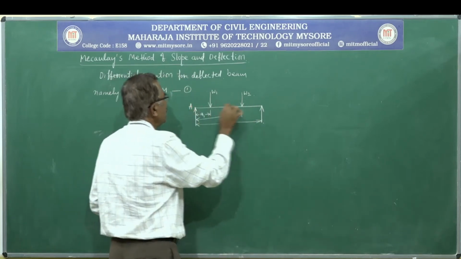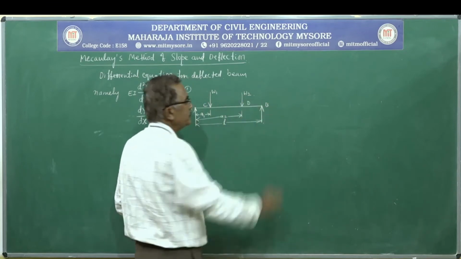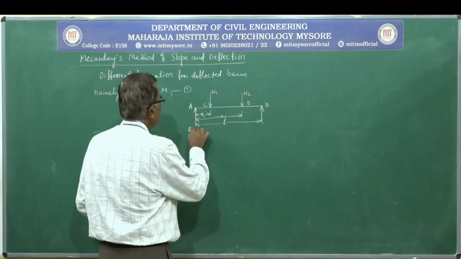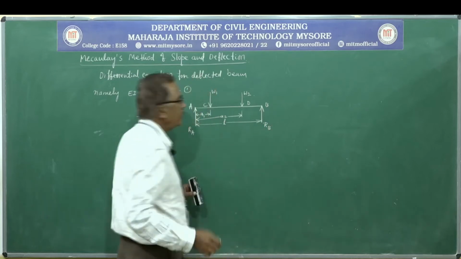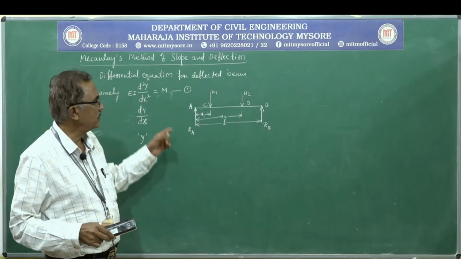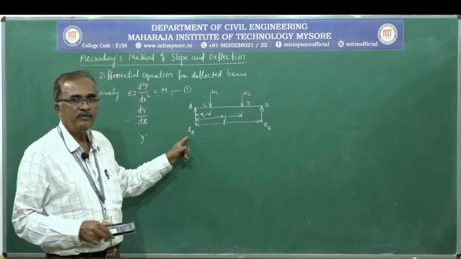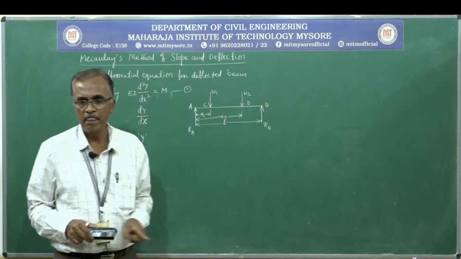The salient points are A, B, C, D. Let RA and RB be the support reactions, and we are well versed with the concept that with this loading condition we can easily determine the support reactions at A and B.